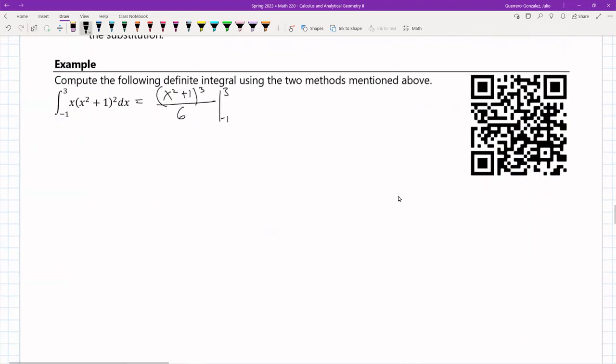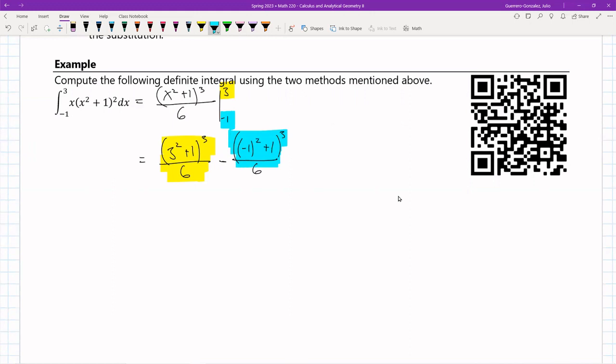I can go ahead and do the top one. It's supposed to be the top one minus the bottom one. So this is going to be 3 squared plus 1 cubed all over 6, minus -1 squared plus 1 cubed all over 6. So it's going to be the top one, which is this one, minus the bottom one, which is this one.